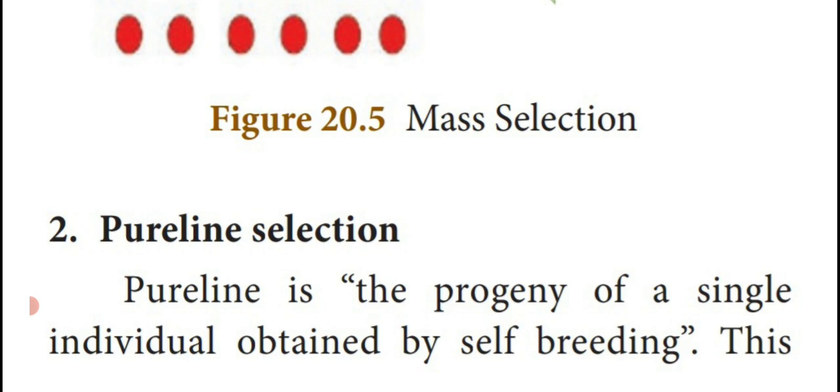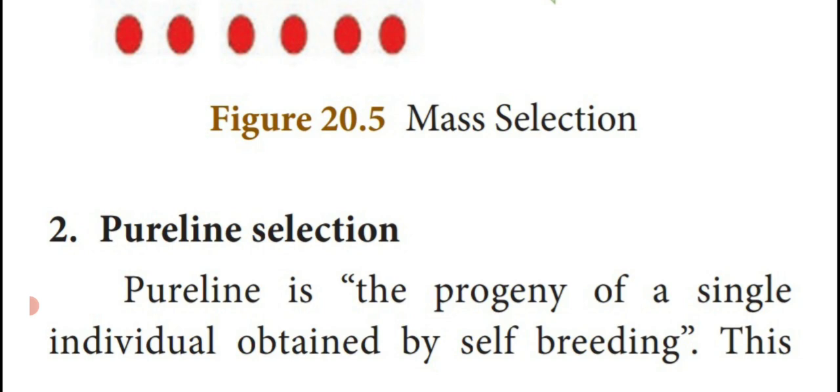Progeny means the newly formed species of a single individual. How many individuals? Only one individual we are getting from the cross of two different parents, obtained by self-breeding. We have already studied monohybrid cross and dihybrid cross.